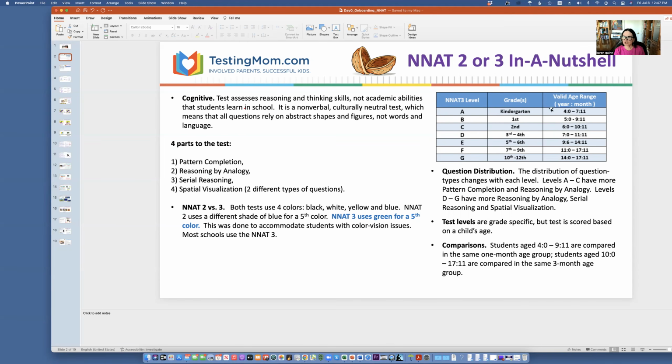Now, this chart kind of shows you the different levels that students take depending on what grade they're in. And one thing to know is that the younger kids will get more pattern completion and reasoning by analogy questions. The A, B, and C level kids will get more of these. They will get these as well, but the test will be heavier on the first 2 types of questions.